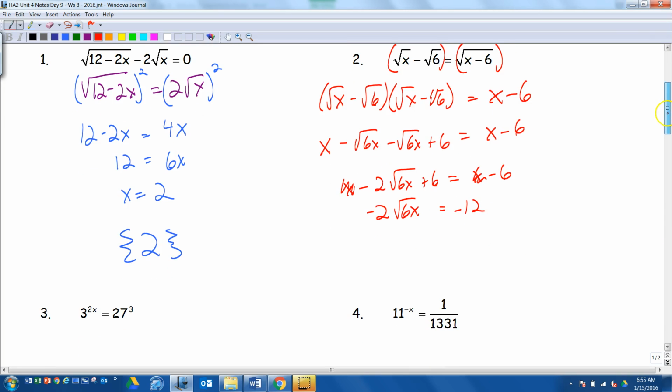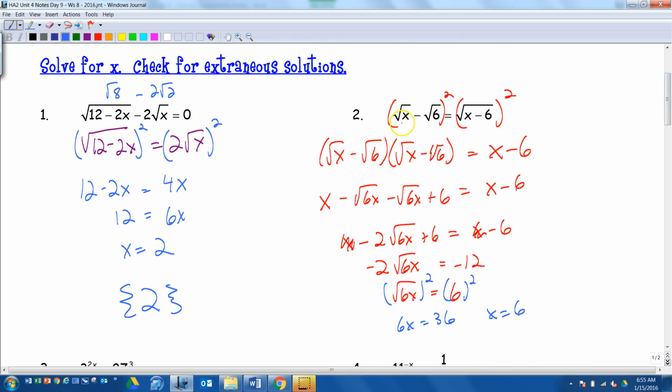Divide by the negative 2 and you get root 6x is equal to 6. We square both sides because now we have a root that's isolated again. And we get 6x is equal to 36, which means x equals 6. Make sure to check your answer. If I put a 6 in here, root 6 minus root 6 is 0, yes. And if I put a 6 in here, 6 minus 6 is 0, yes.